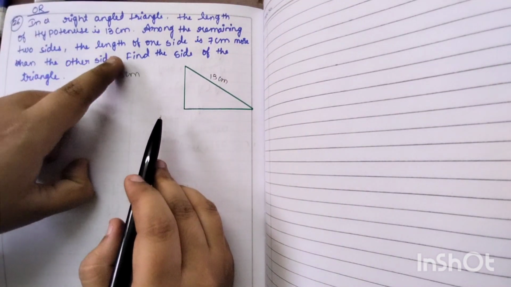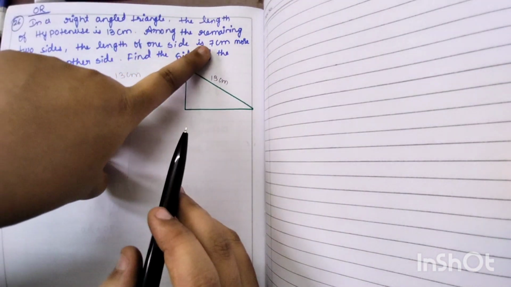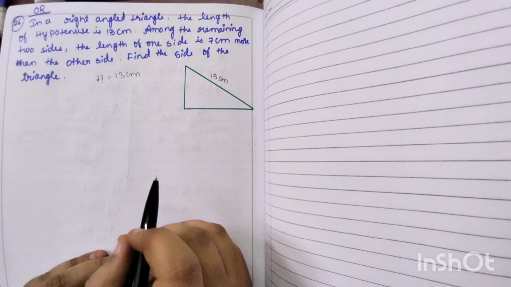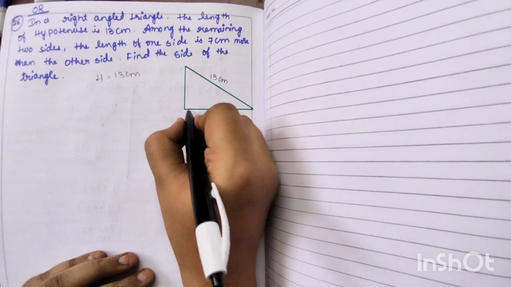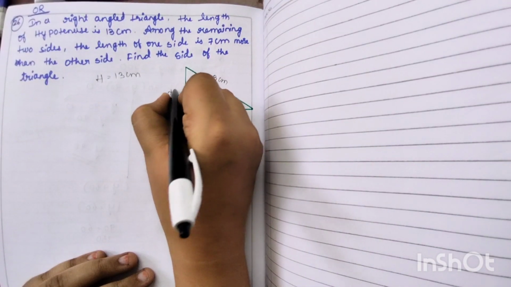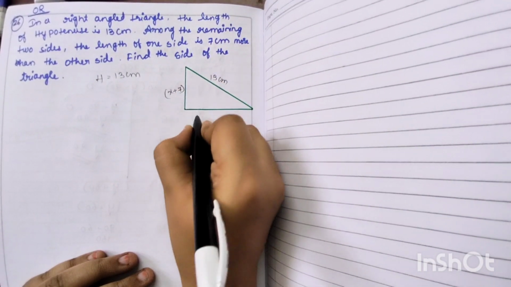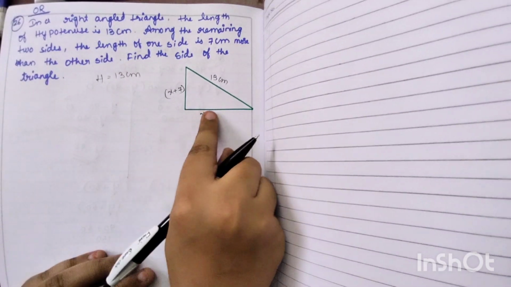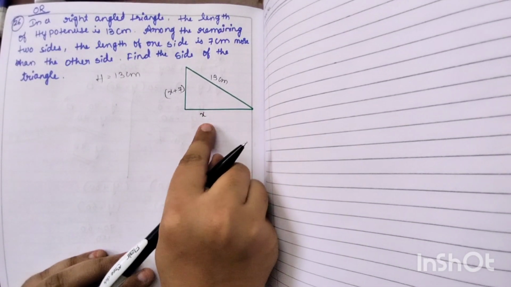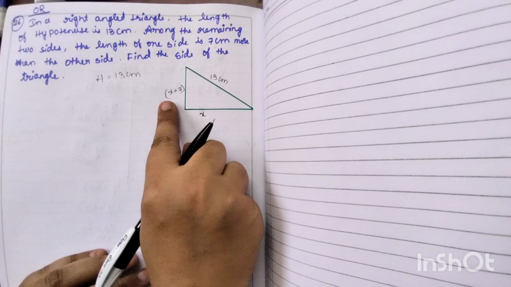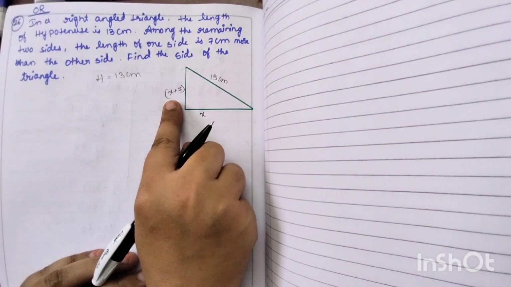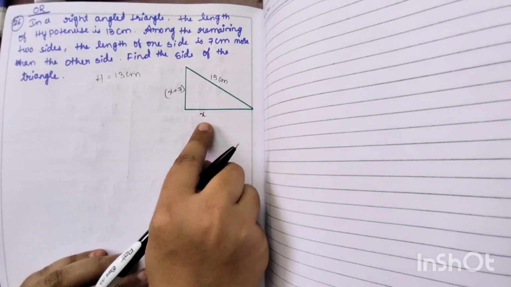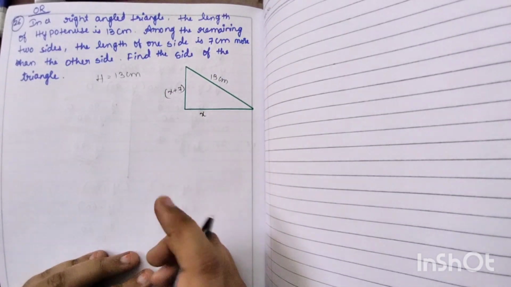And the length of one side is 7 centimeter more, so it is x plus 7. This other side we don't know the length of, so we are taking it as x. And this is 7 more than this x. So let's find the sides of the triangle. That is what they have told.